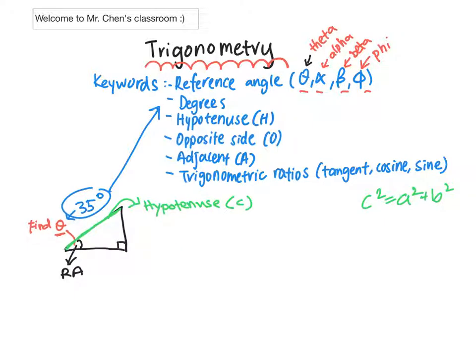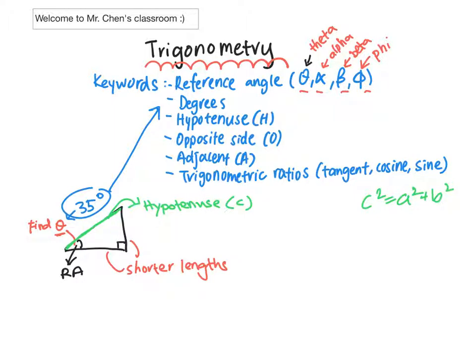Since we know that is the hypotenuse, I'm now going to introduce you to the two names for the shorter sides. Remember, the shorter sides are that one and that one. They actually have names as well. For a right angle triangle, the names depend on where the reference angle is. That's the first thing you need to look at.